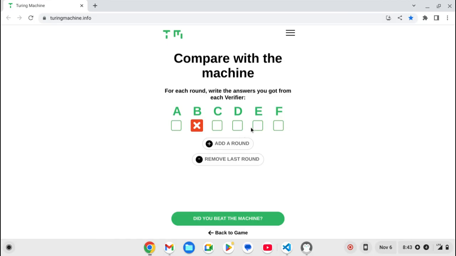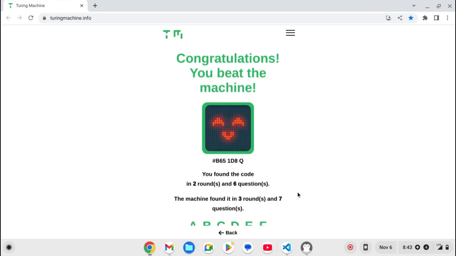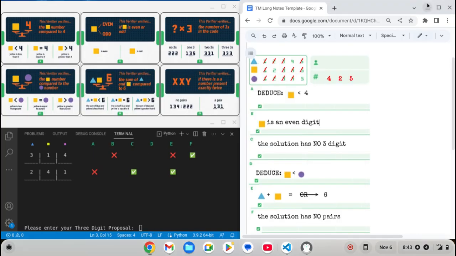So B and E were incorrect, F was correct. And then remember we deduced D, but I think A was incorrect. C was correct, and when we retested E, the sum of the first 2 digits was equal to 6. So let's see, how do we do? Okay, fantastic. So we did beat it by 1.